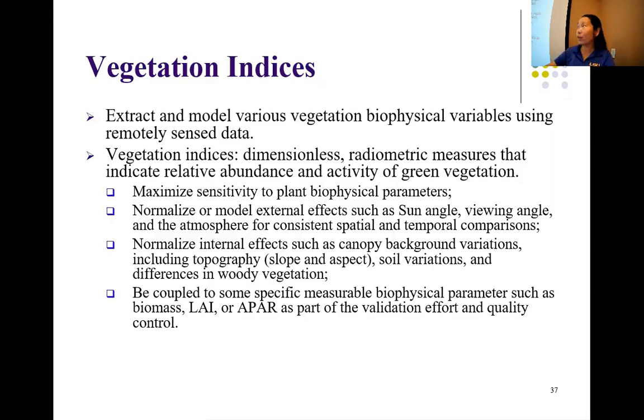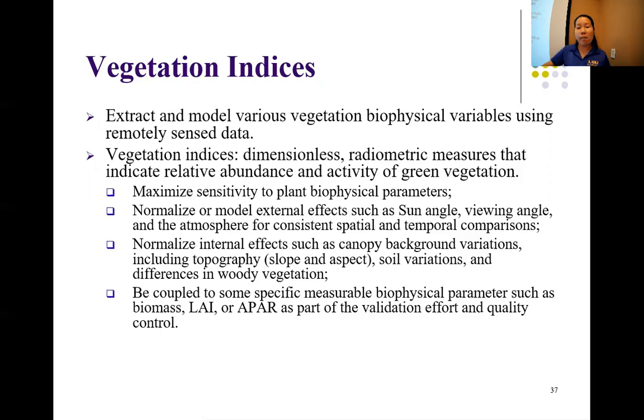For example, a lot of vegetation indices like NDVI or ratio index can be used to represent how well the plant is growing. Throughout the entire vegetation growth cycle, you can see a certain curve that can be characterized by these indices.